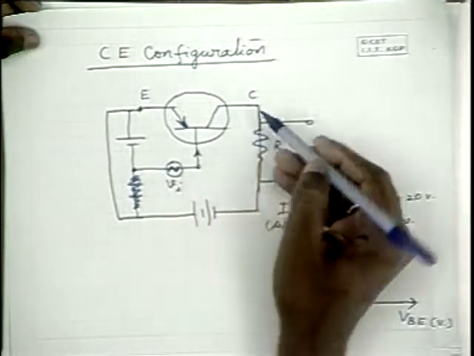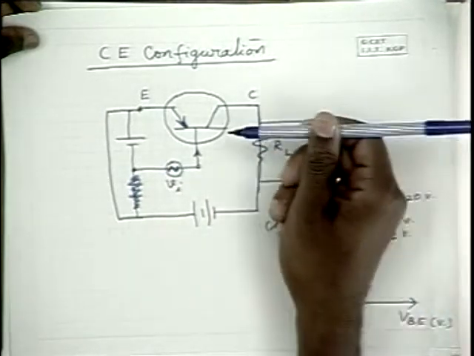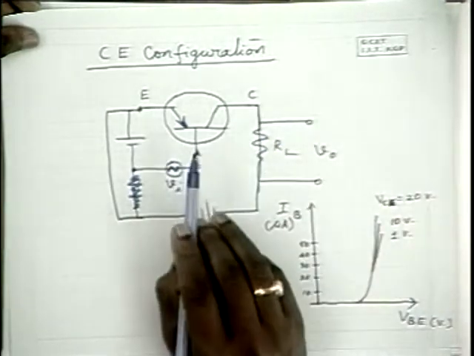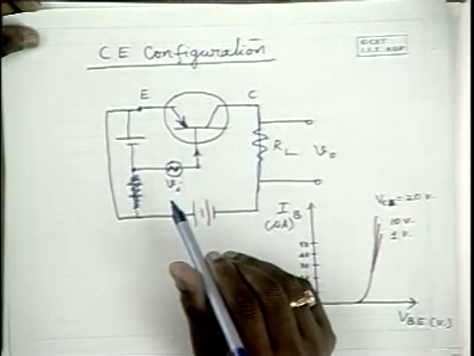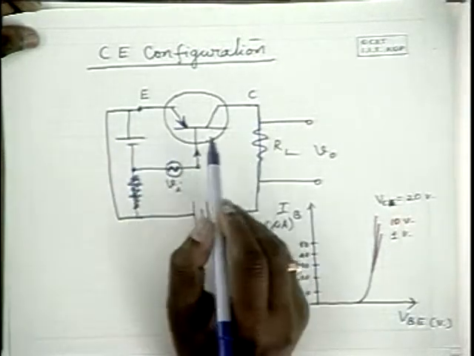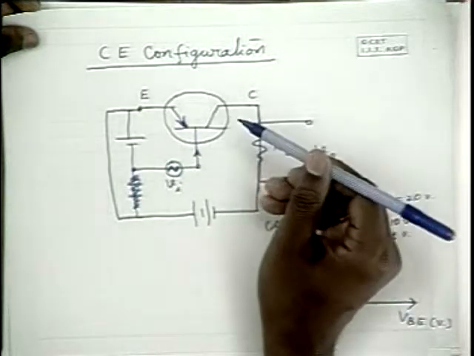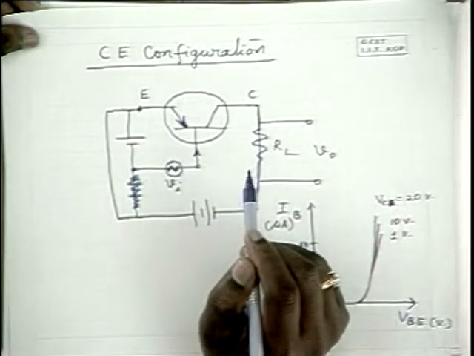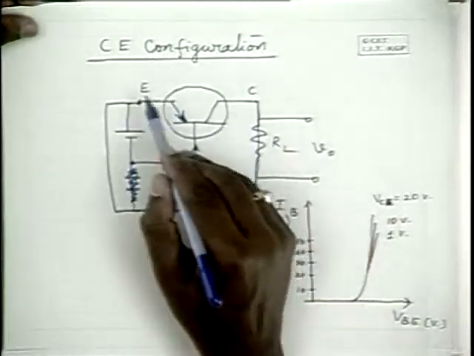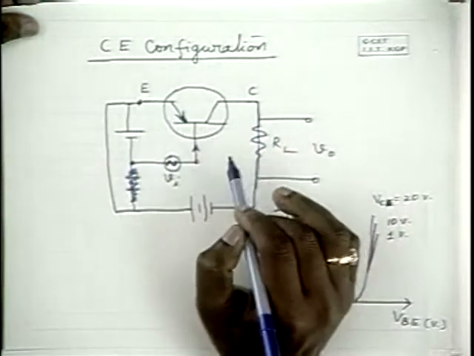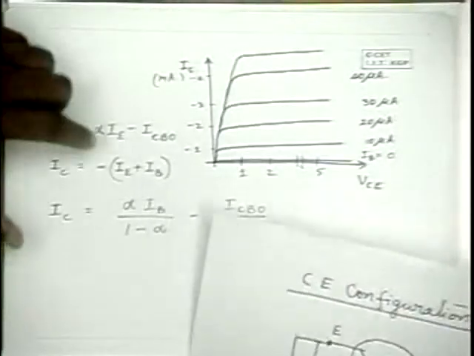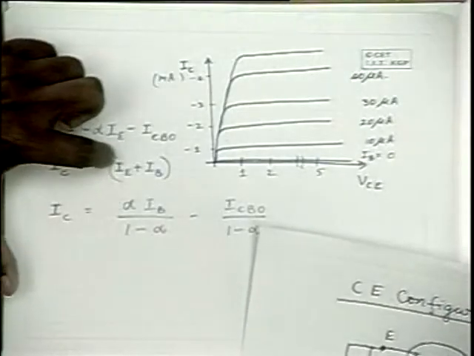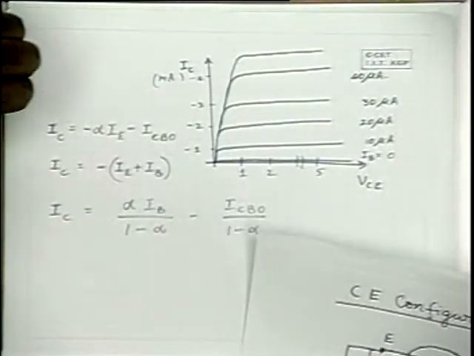By convention, we took incoming IC as positive and incoming IB as positive, and so on. Therefore, IC is negative, IB is negative, and IE is positive. Since the sum of these three currents is equal to 0, we have IC equal to minus of (IE plus IB).